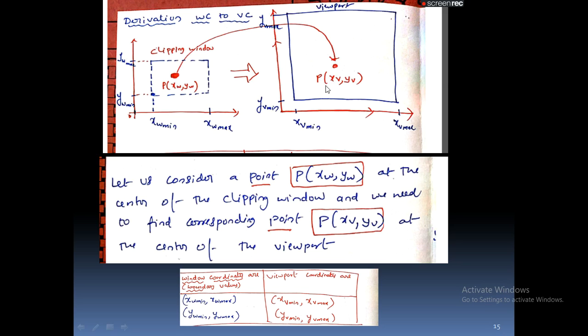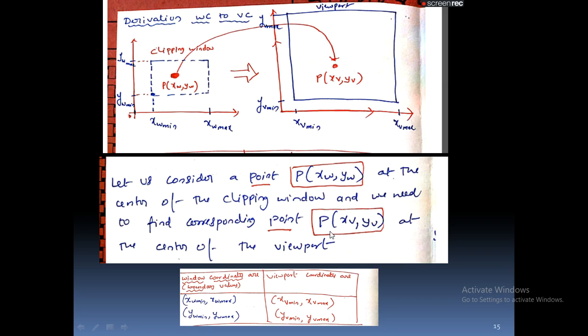So with respect to the derivation, I wrote one sentence here. Let us consider a point, called P(XW, YW), at the center of the clipping window. So we have selected one point, its position is XW, YW, at the center of the clipping window. Our aim here is to find the corresponding point position at the center of the viewport.